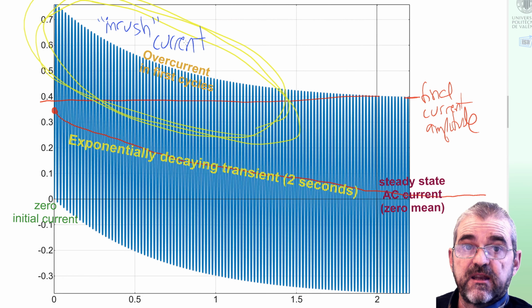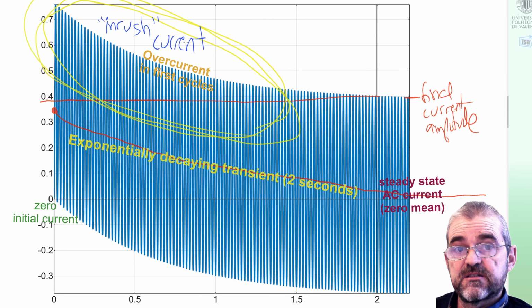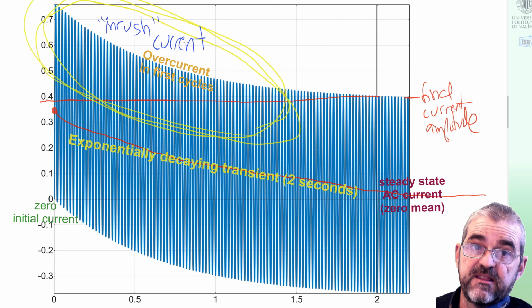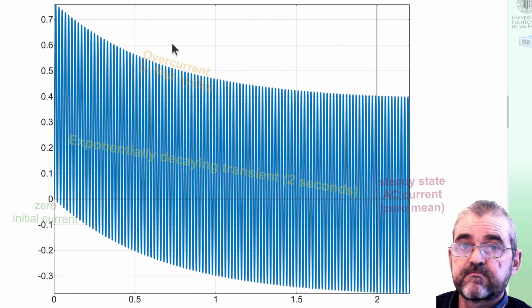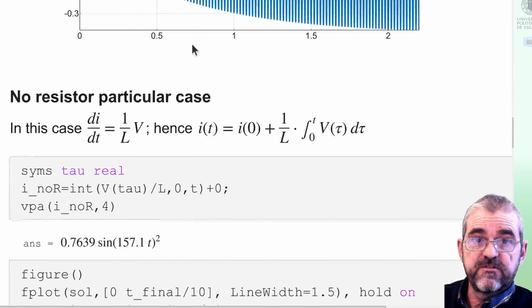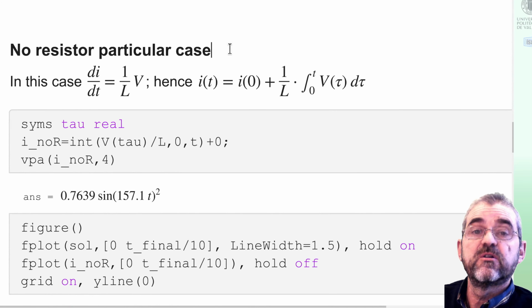computing an approximation to the initial stages of this response and an approximation to the final stages, which will be the steady state. So let us first consider a particular case with no resistor.